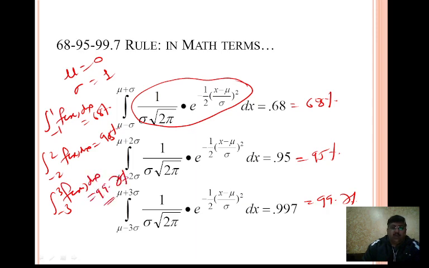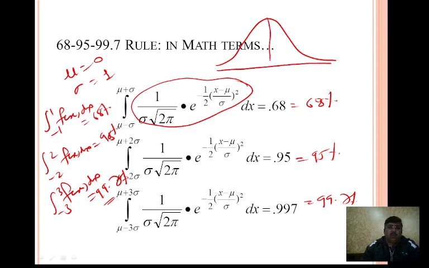So the point I am going to make, and the beauty of the normal curve, is that in the range of minus 3 to plus 3 only, you will find the entire spectrum of the normal distribution, whatever the mu and whatever the sigma, doesn't matter, right? This curve is going to touch the x-axis at minus infinity, and at plus infinity it will touch on the right hand side.